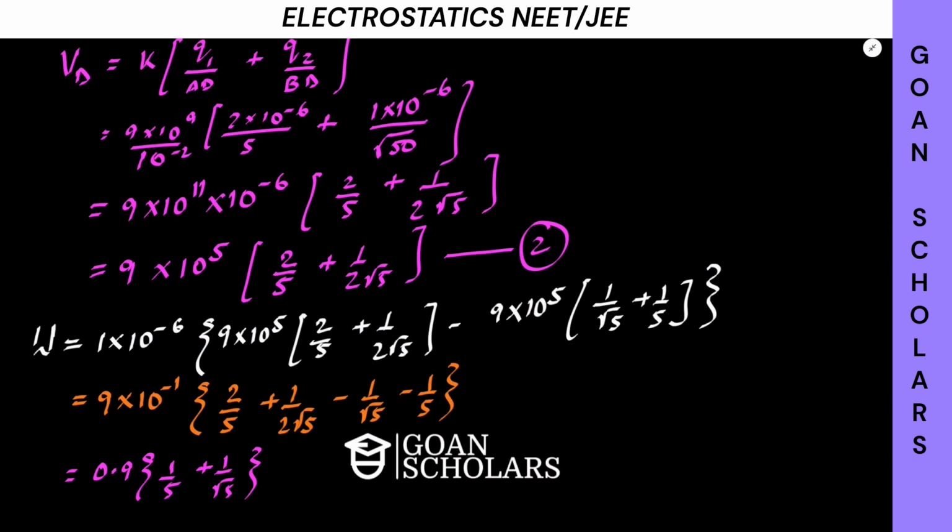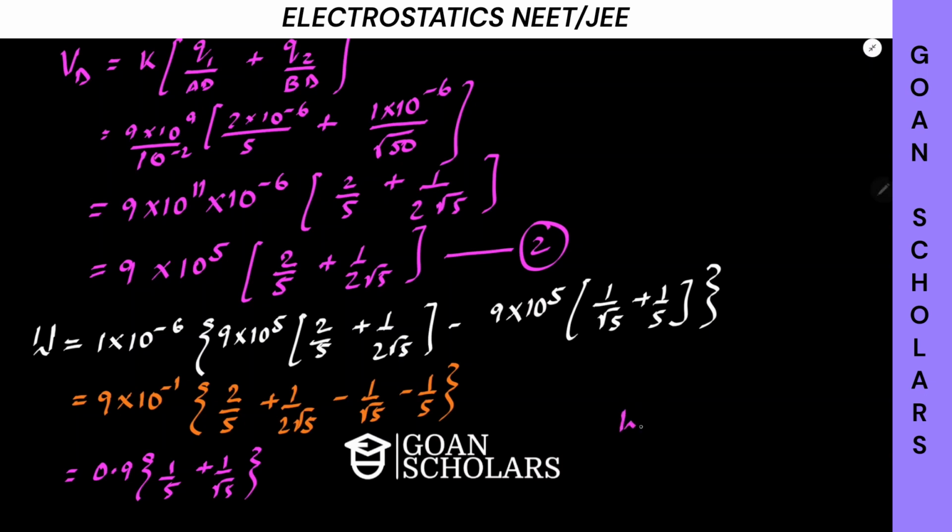Let's see. So let me directly do here. 1 by 5 is 0.2, correct? So let's first find 1 by root 5. So root 5 is nothing but 2.24, and 1 divided by 2.24 is nothing but 0.45.